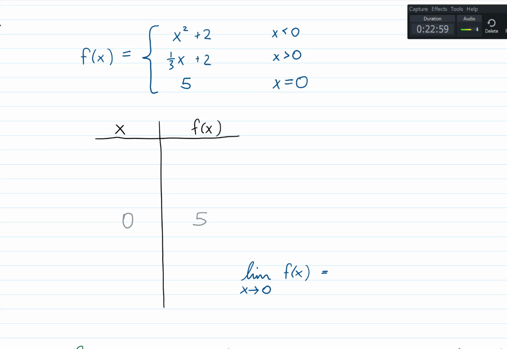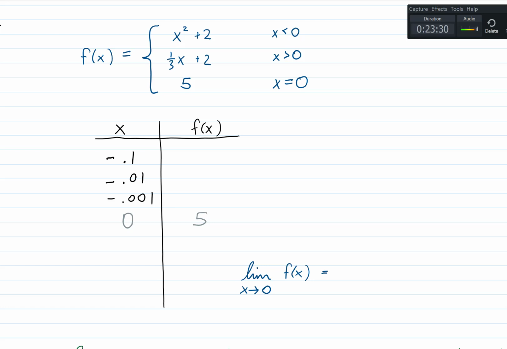So maybe I'll do negative 0.1. That's pretty close to 0 already, right? But I can get a lot closer. What about negative 0.01 and negative 0.001? Those are 3 numbers that are approaching 0, right? From what side? From the left side. The negative numbers are on the left of 0, right?